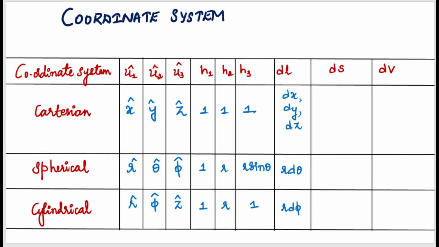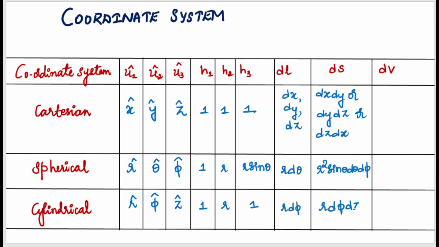The area element in Cartesian, you can write as dx dy or dy dz or dz dx. You can write it in three ways. Whereas in the spherical coordinate system, it is r square sine theta d theta into d phi. Now in the cylindrical system, it is r d phi into dz.